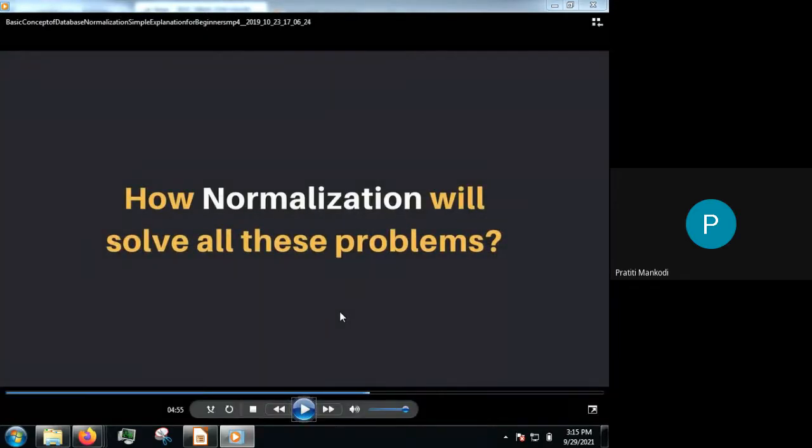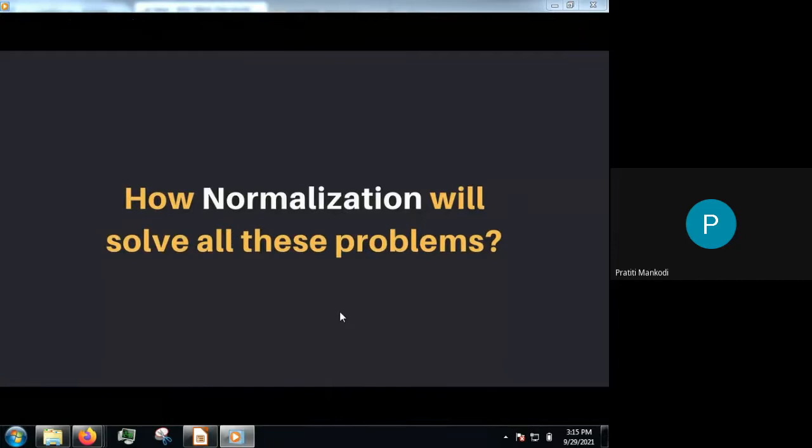This is a $1 million question. How is the normalization process going to solve this? We know the problem. We know the root cause of the problem. What is the root cause? Redundancy. We also know this redundancy is giving these gifts, these anomalies as gifts, and we need to solve that.